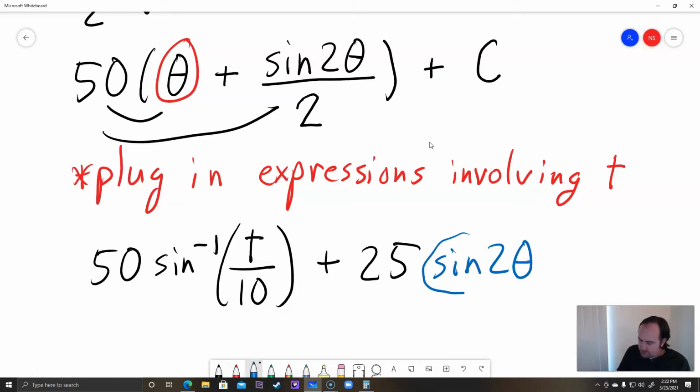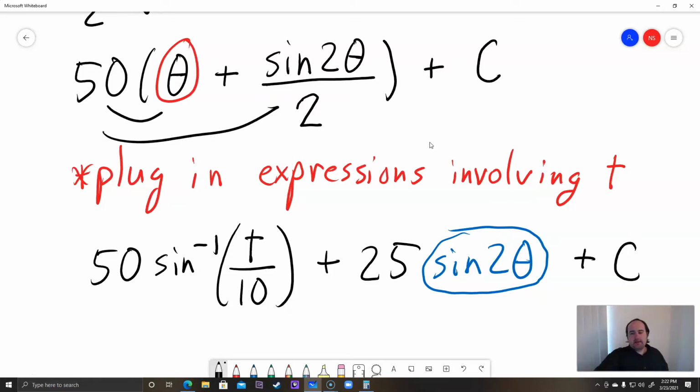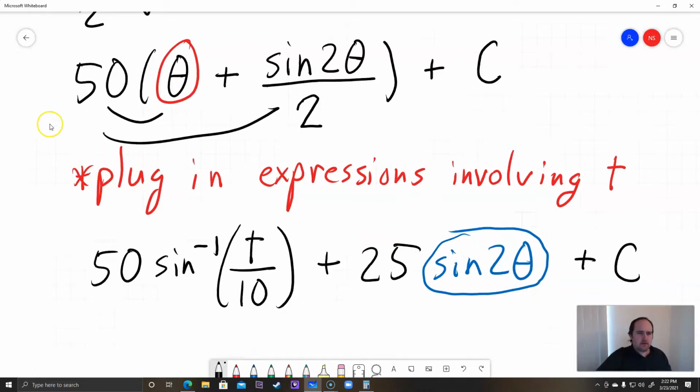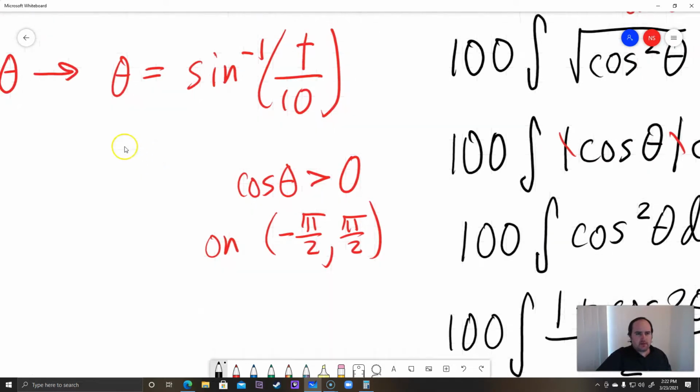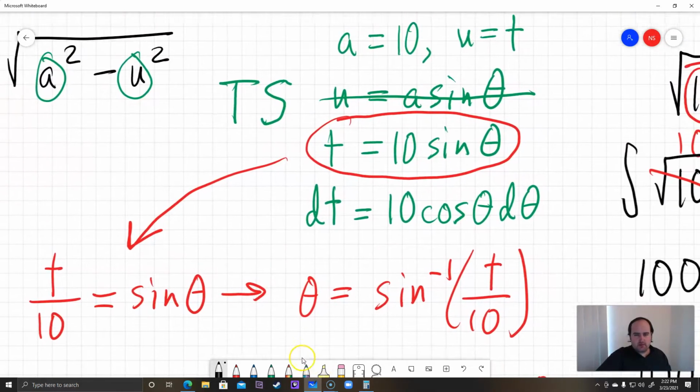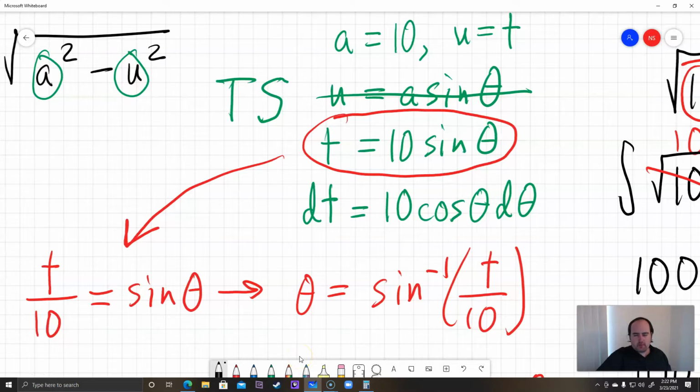So we need to plug in something for sine of 2 theta involving t. Now that's a little bit tricky, and if you want to do that without a right triangle, it can be even trickier. If I look back at the original trig substitution, we might be able to pull it off.